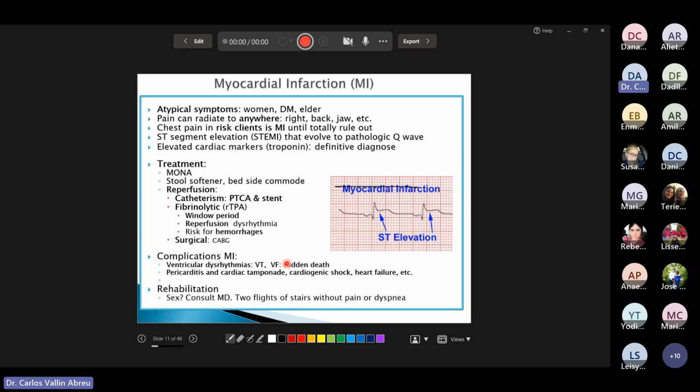And she was very confused because she was used to knowing that the usual radiation of the pain in myocardial infarction is to the left arm.